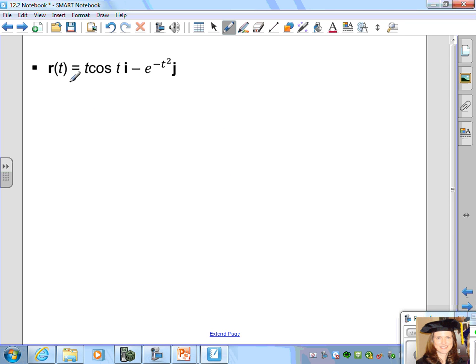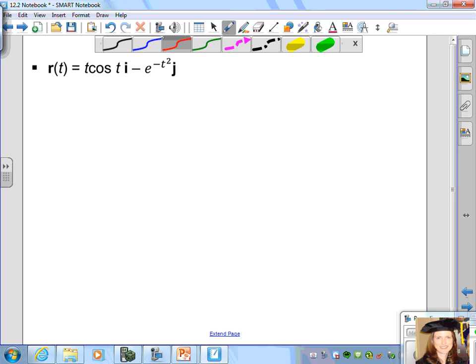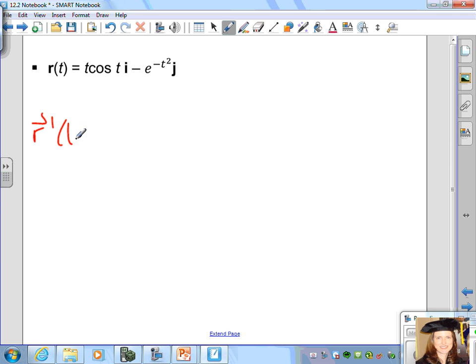Okay, find the derivative of this vector-valued function r of t equals t cosine t i minus e to the negative t squared j. We find the derivative of each of the components. When we're taking the derivative of the first component, t cosine t, we need to use the product rule.